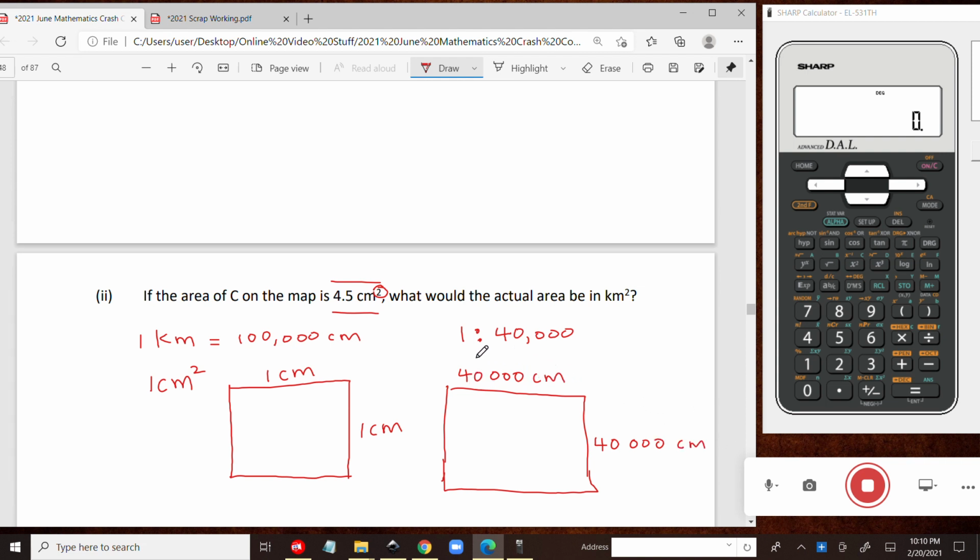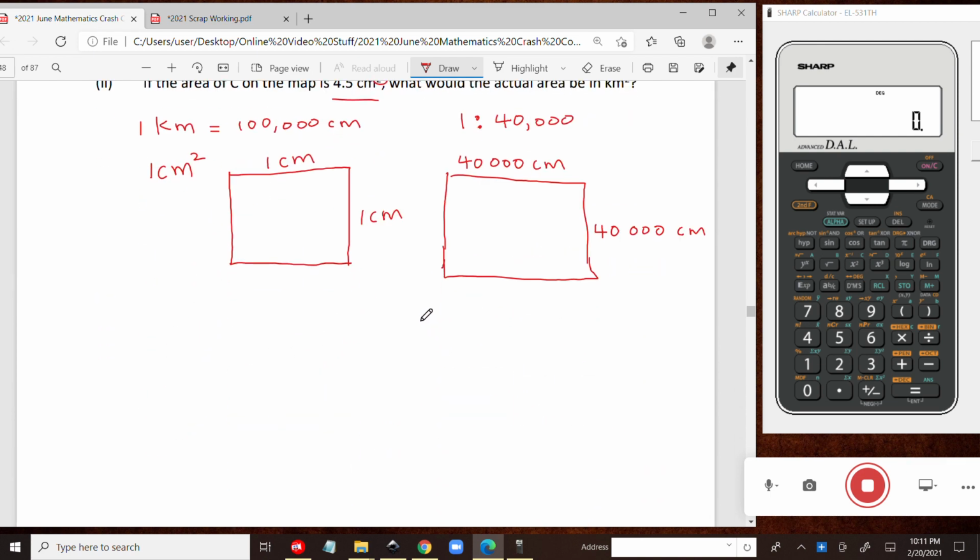Well, now we're dealing with lengths. So how do we convert centimeters to kilometers? We just have to divide it by 100,000, because there are 100,000 centimeters in 1 kilometer. So let me scroll down some more. I'm going to divide this by 100,000, and I'm going to divide this by 100,000, because I want to convert these centimeters to kilometers.